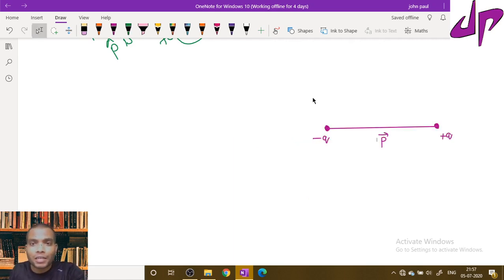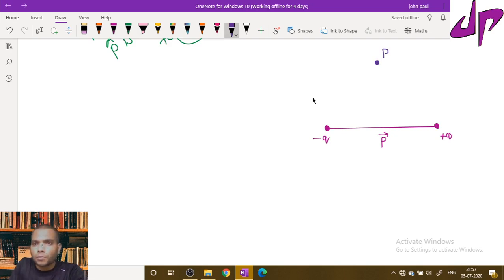To find the electric field due to the electric dipole at an equatorial point, let us draw a figure. This is the electric dipole of dipole length 2a. Now let me consider a point P at here. I need to find the electric field there.